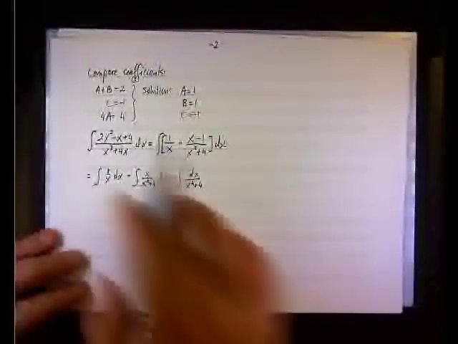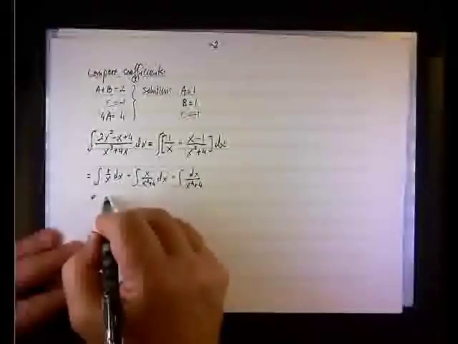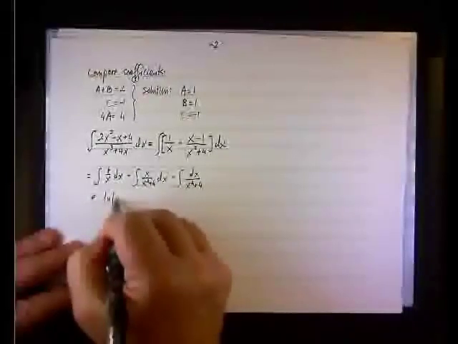Again, we take advantage of the fact that the integral of a sum is the sum of integrals. Now, the integral of 1 over x is the natural log of x.